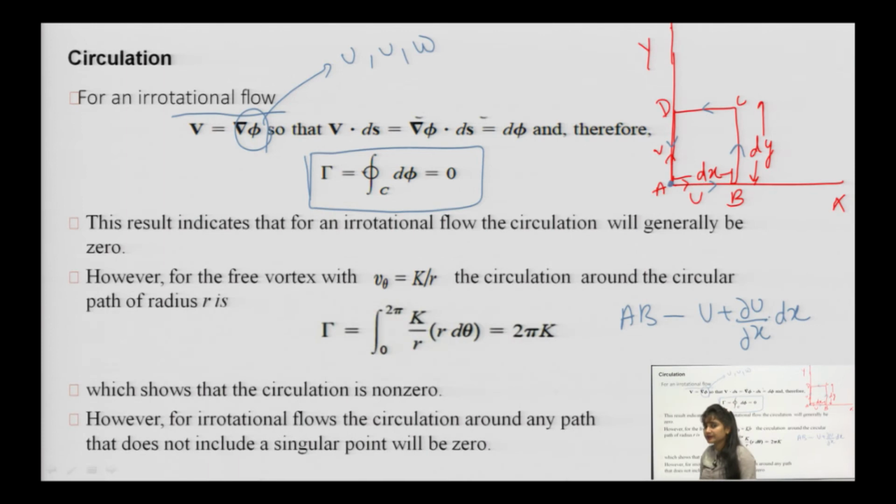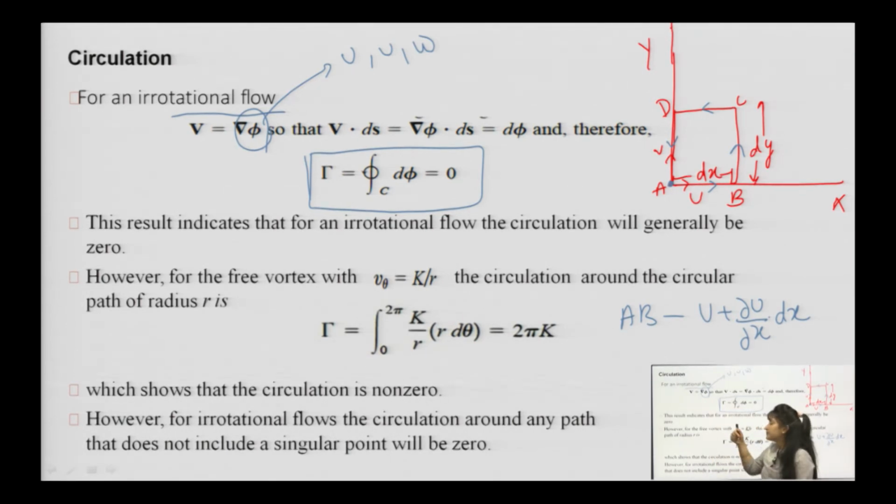Psi is nothing but the representation or replacement of u and v vectors in their corresponding axes. This is to be remembered for calculating the circulation within a flow field. This result indicates that for an irrotational flow, the circulation will generally be 0.